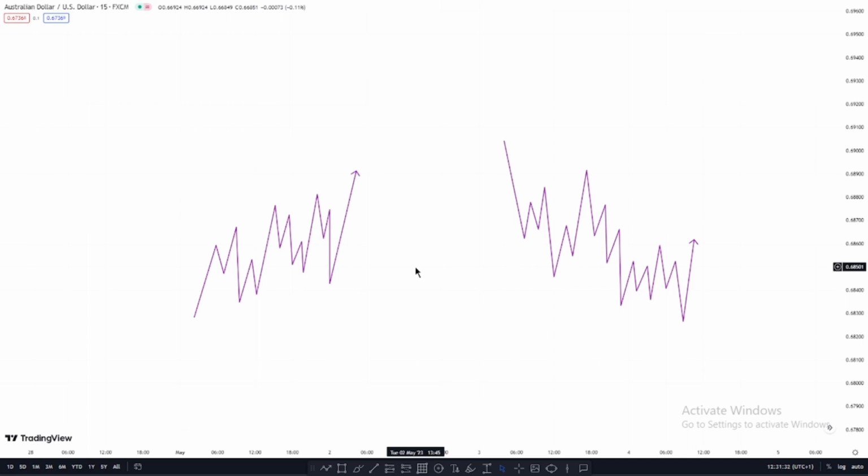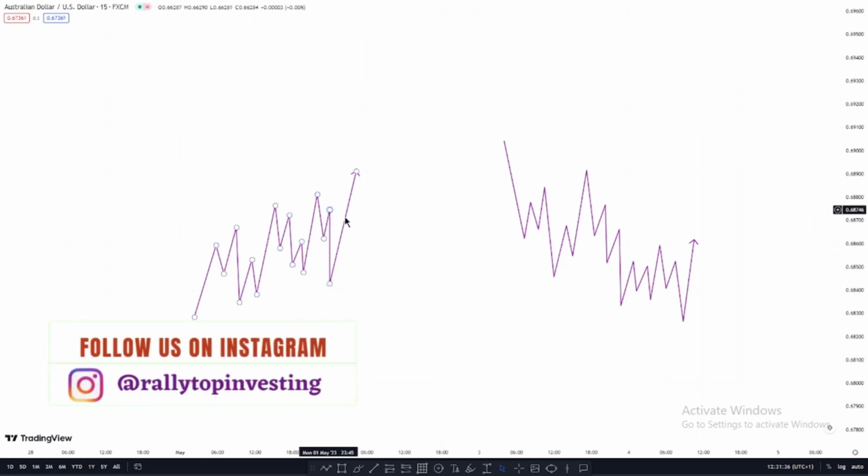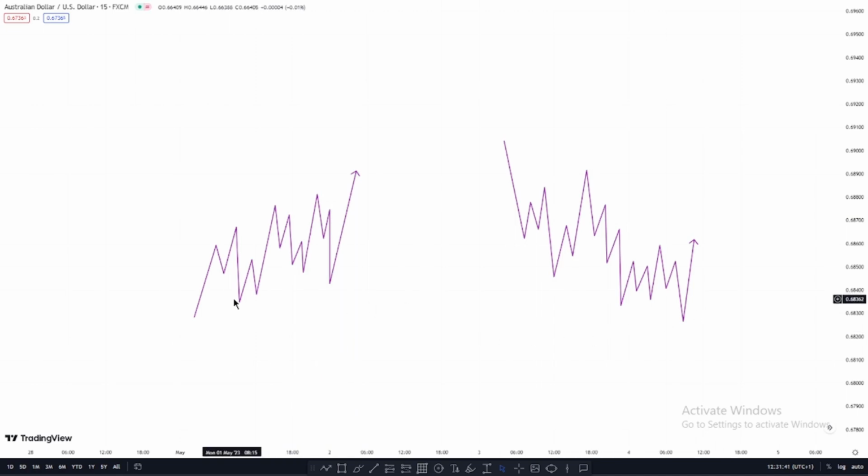Okay? Now, starting with these two diagrams, this is an uptrend and this is a downtrend. Now, when price goes up and creates a high and then later comes down, and then price moves back up to take out this high, the retail mindset believes that this is a break of structure.